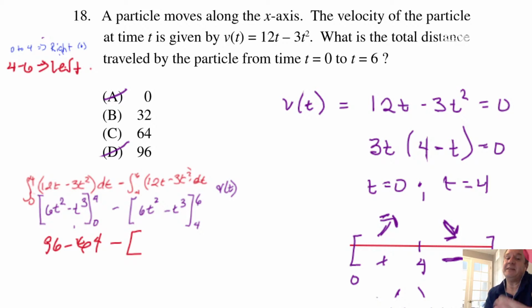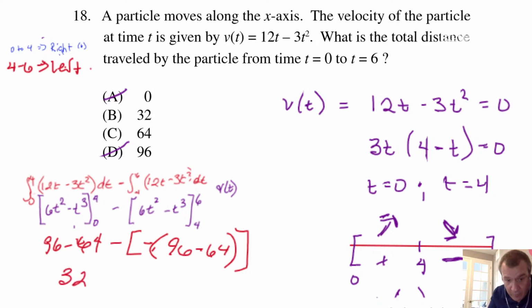We had our 216 minus 216. The 6's go away forever, minus the 96 minus the 64. And so up front, the 96 minus 64, we've got our 32. We're having a subtraction of a negative, so we're going to add the 32.